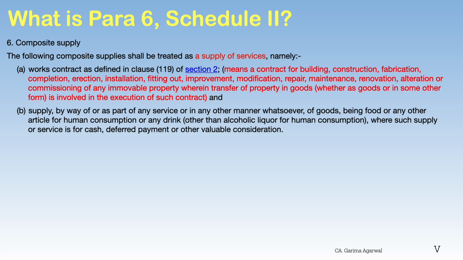Where such supply or service is for cash, deferred payment, or any other valuable consideration, it will be a supply of service. So in a nutshell, it is about all restaurant service and catering service. It should be classified as supply of service.